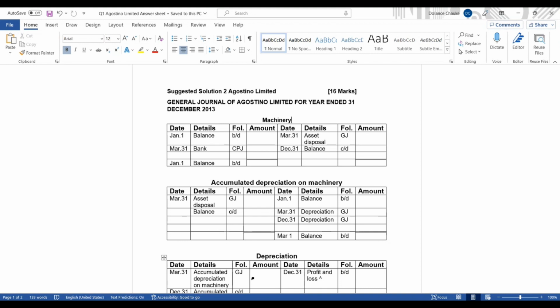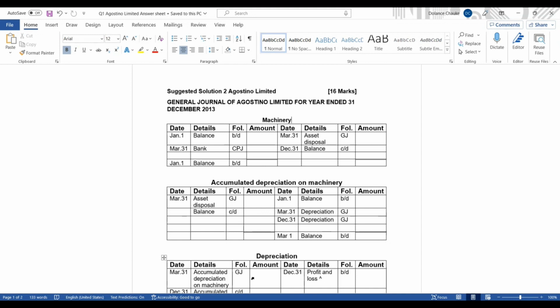Ignore that. You are required to prepare the following general ledger accounts properly balanced for the period ending 31st December 2013: machinery, accumulated depreciation on machinery, depreciation, asset disposal.